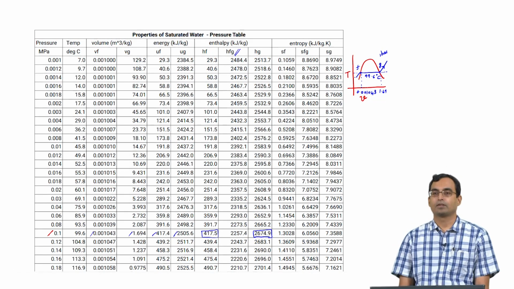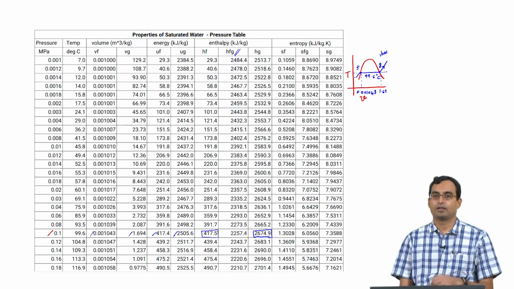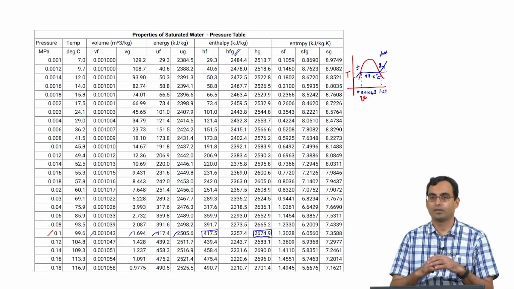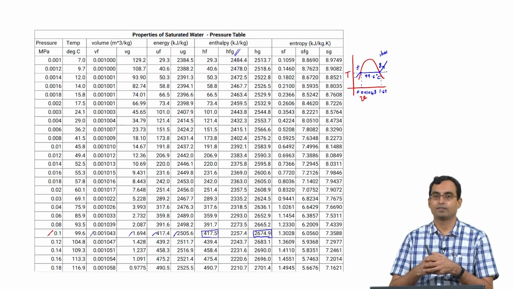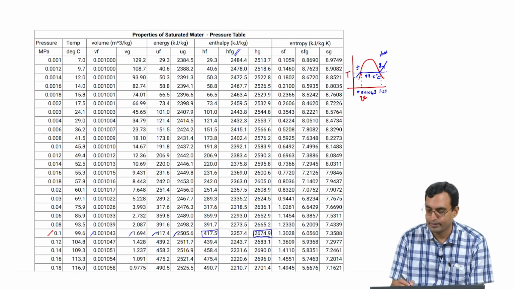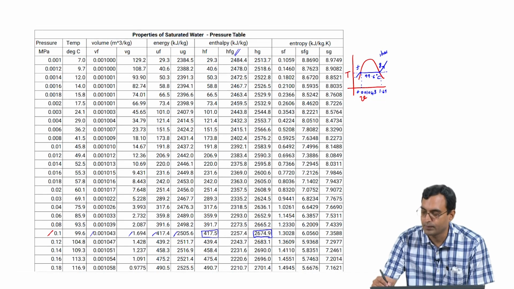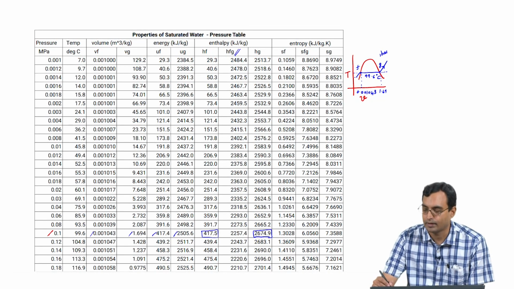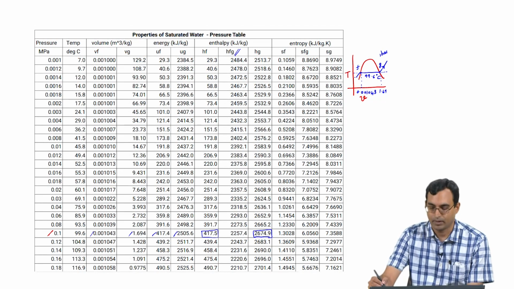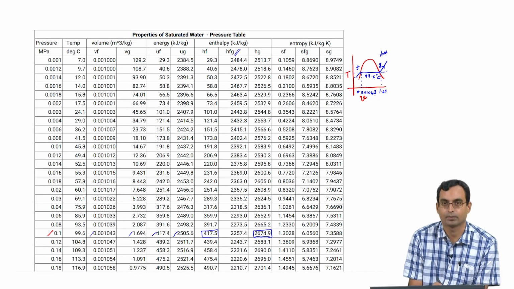As you remember, hfg is the difference between the enthalpy of the vapor phase and the enthalpy of the liquid phase when the phase transition happens, which is what we call the latent heat of vaporization. So, the latent heat of vaporization in this case is 2257.4 kilojoule per kg. That represents the amount of heat we need to give to go from state F to state G at a pressure of 1 bar, or 0.1 megapascal.